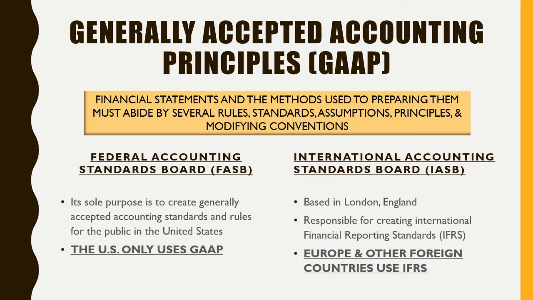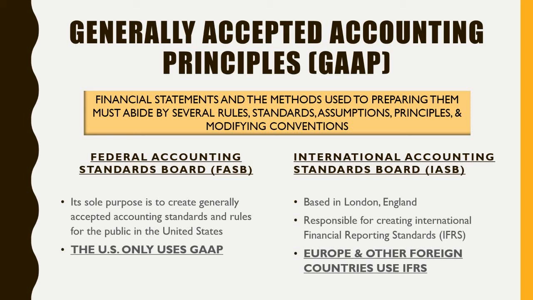And as extra as the United States is, this is only going to be applied in the United States, okay? The United States only uses GAAP. You cannot apply GAAP internationally, which we've talked about before.